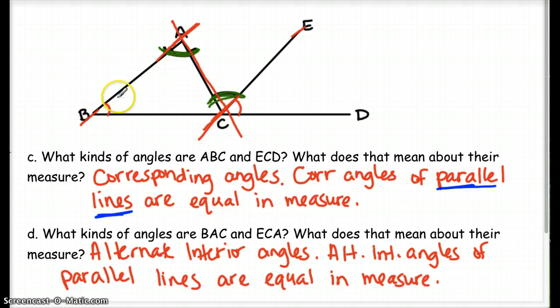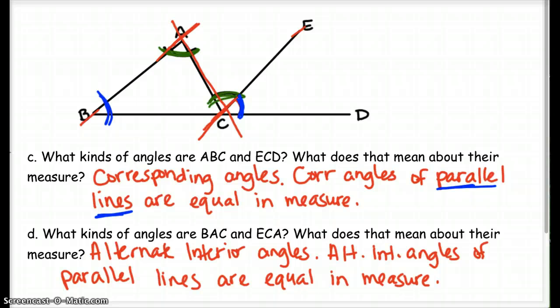Okay, so first, for part C, we looked at these two angles in blue right here. They were equal in measure because they were corresponding angles. Then we looked at the angles in green, and they were also congruent because they were alternate interior angles.